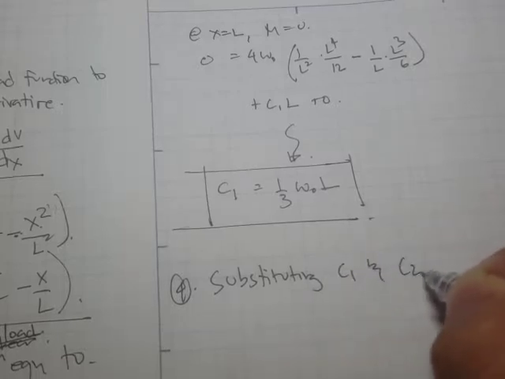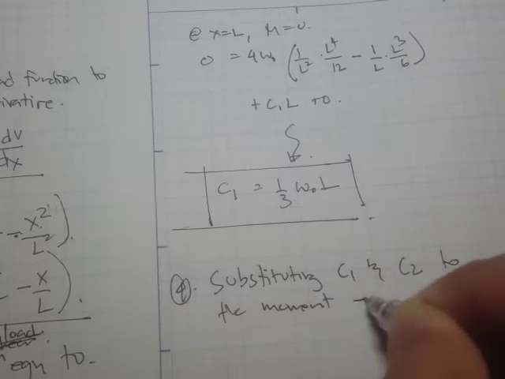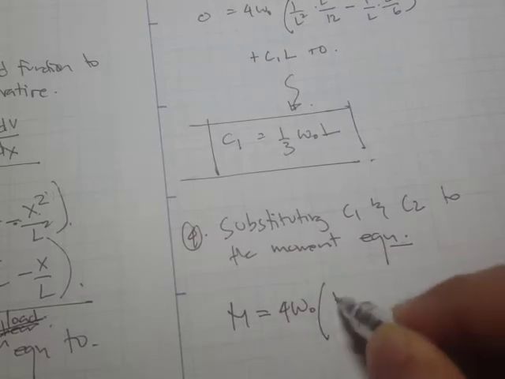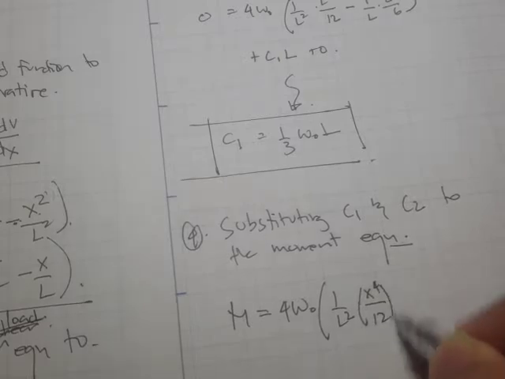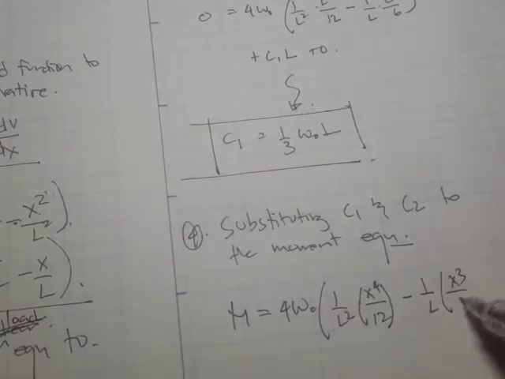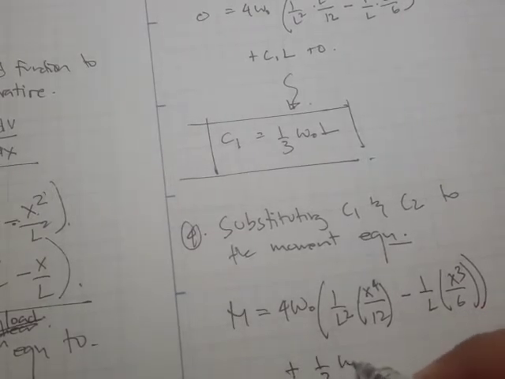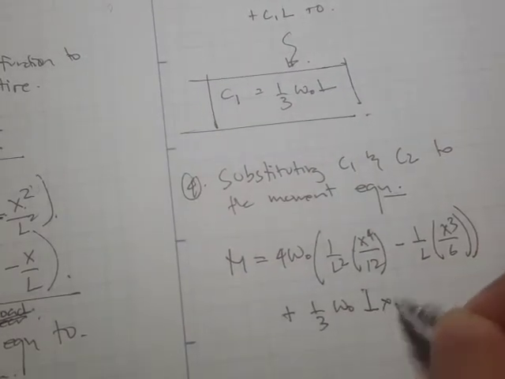And therefore, substituting C1 and C2 to the moment equation, what we get is M is equal to this expression times x to the 4 all over 12 minus 1 all over L x cubed all over 6, plus 1/3 of this omega times L times x.